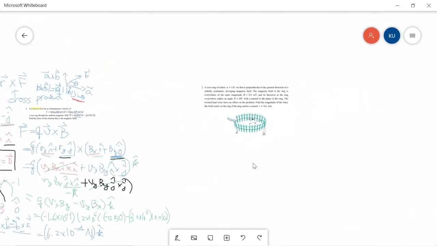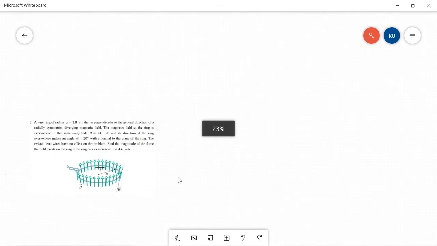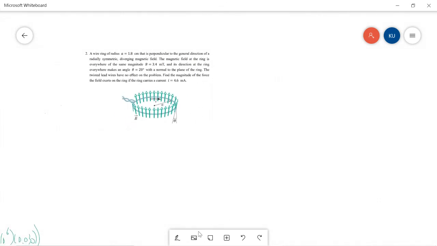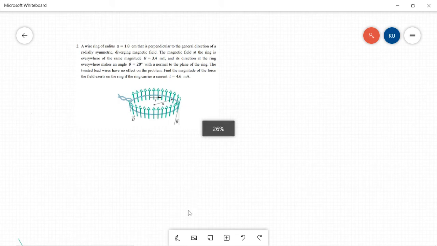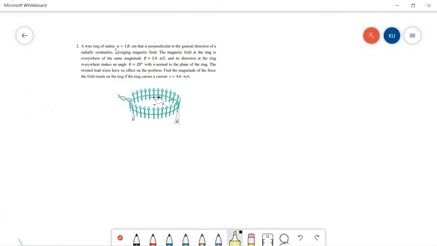So for question 2, the problem is like this. A wire ring of radius a equals 1.8 centimeter is perpendicular to the general direction of a radially symmetric diverging magnetic field.